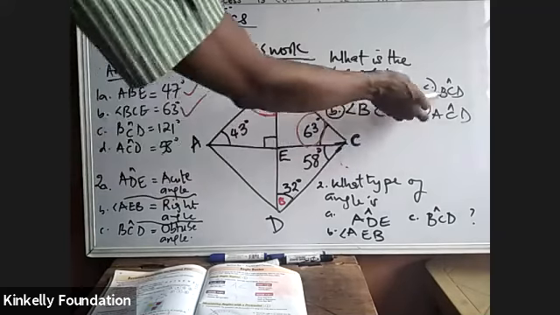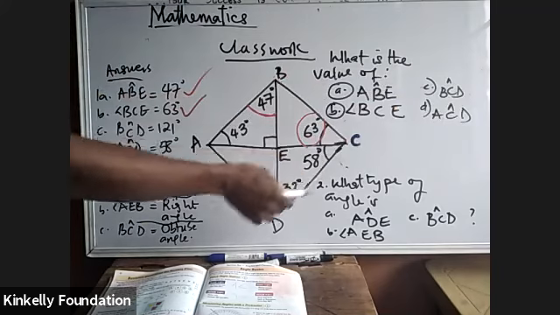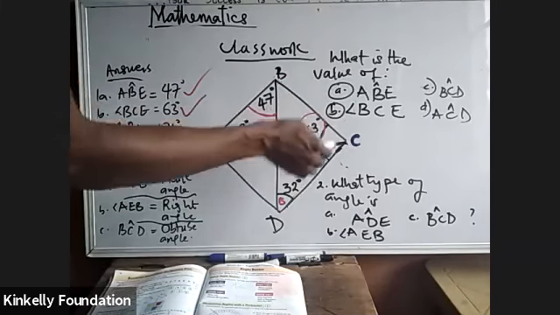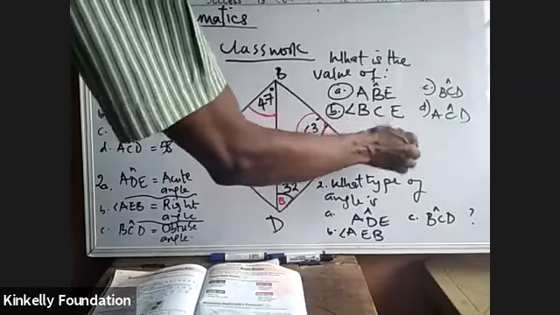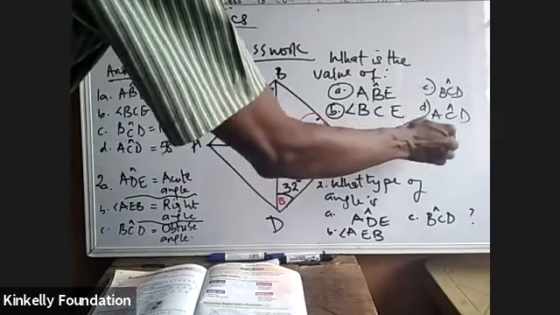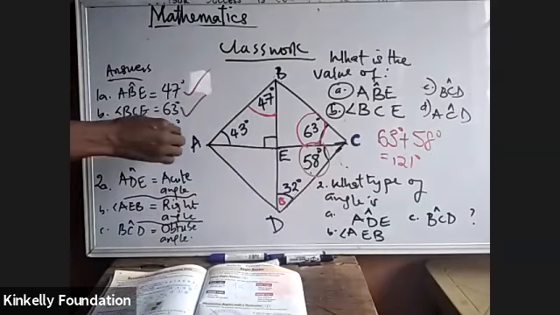Angle BCD. BCD is this one plus this one, which is 63 plus 58 to give us 121, which is this one here.